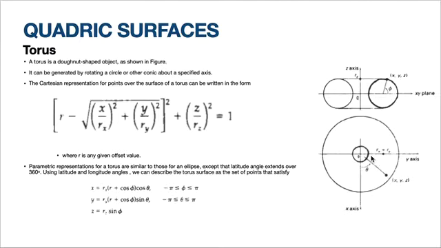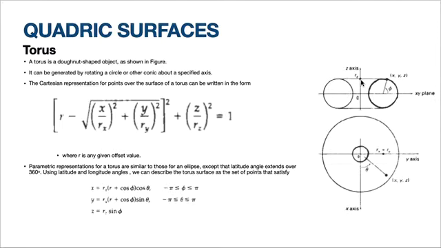This donut has the value rx, ry, that is this distance, and you have a value rz, that is this distance.